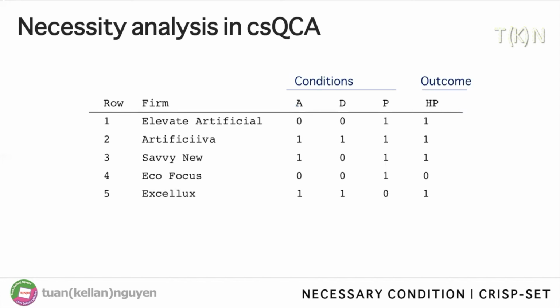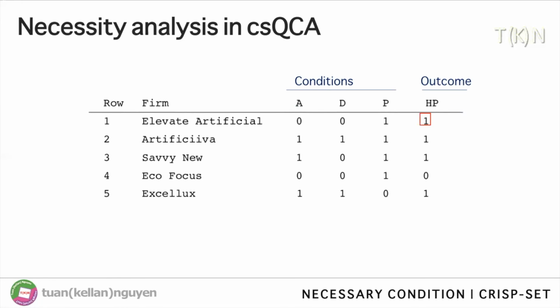For the first examination, we may start by asking which individual conditions, A, D, or P, are necessary for the outcome. Let's start with the first condition, A, firms investing in AI. Based on the logic of necessity for QCA, only those cases that contain the presence of the outcome are relevant. We are supposed to find the conditions are also present in all these cases.